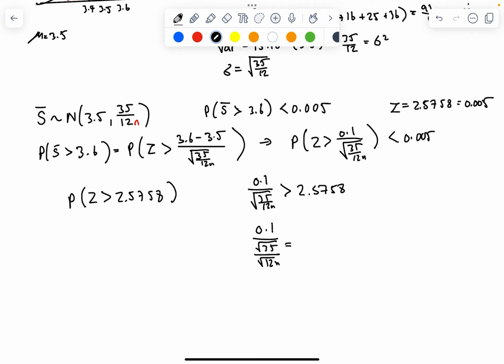Well, we know if we divide by a fraction, we basically just flip it. So basically we're going to have 0.1 times the square root of 12n over the square root of 35. And again, I can simplify that because 0.1 is actually a fraction, 1 over 10.